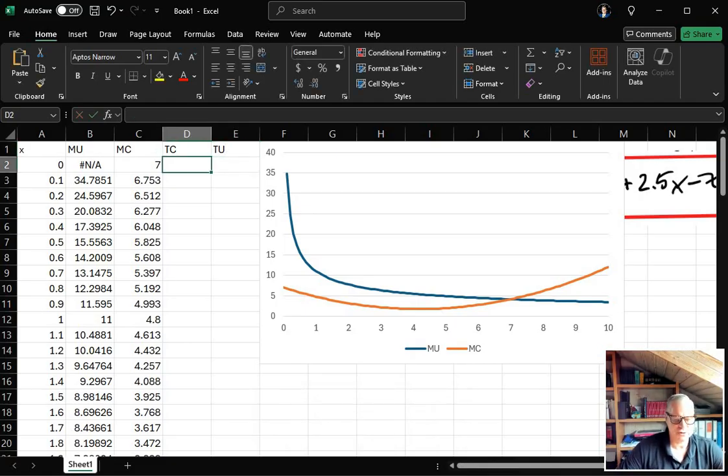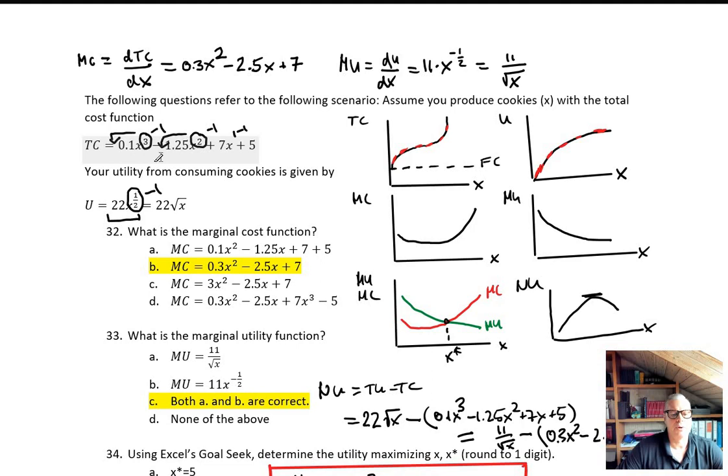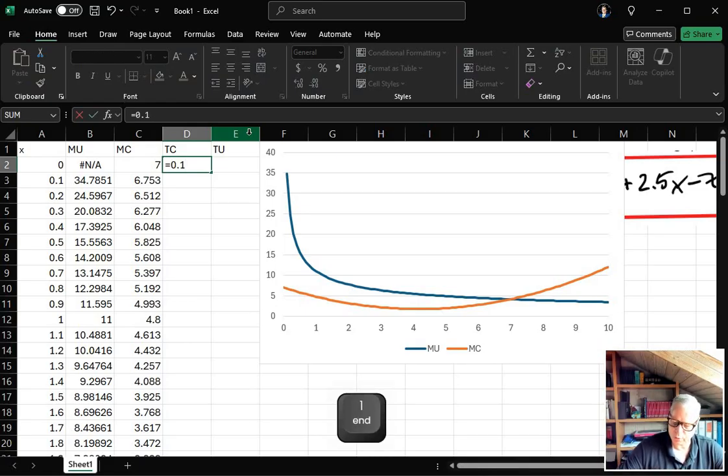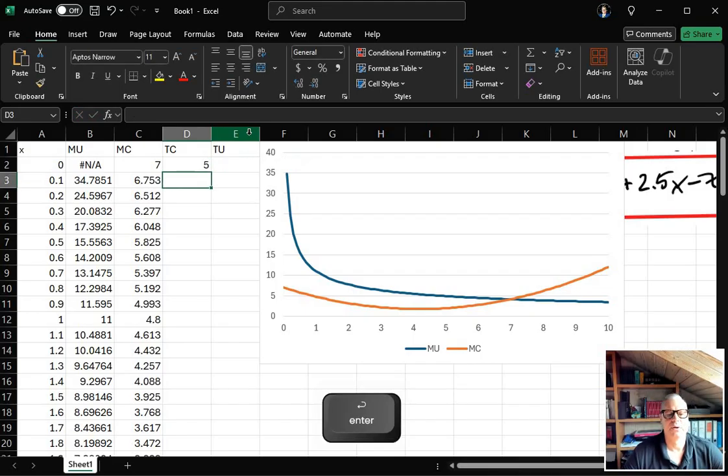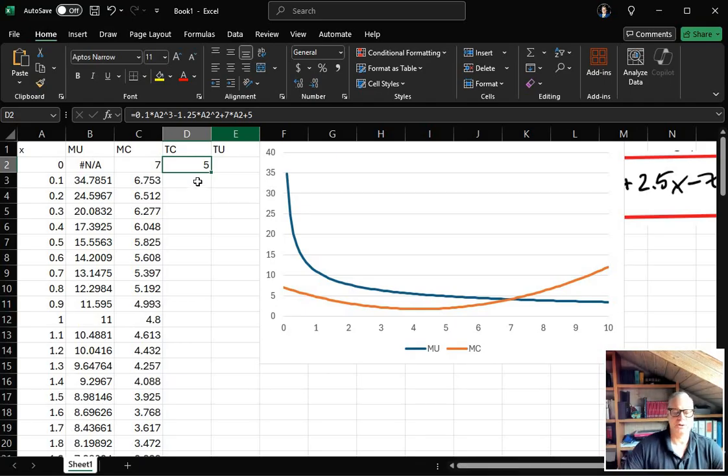So the total cost function was 0.1 times x cubed minus 1.25 times x squared plus 7 times x plus 5. Okay, so if we don't produce anything, we have total cost of 5, which makes sense. Okay, so now let's copy down this one.